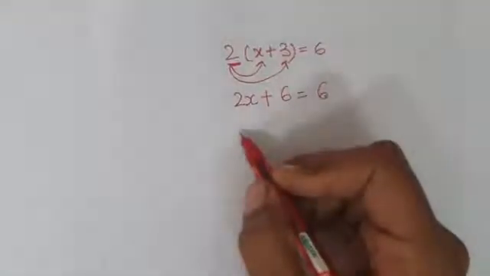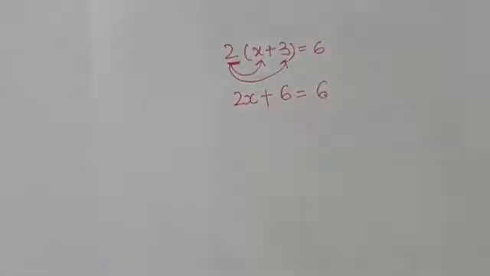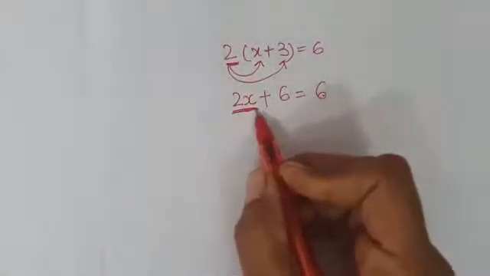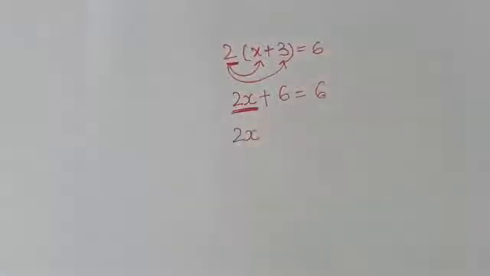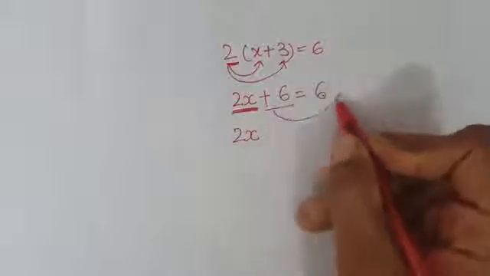Now what we will do, always keep the terms having variable on one side and the terms not having variable, means constant terms, keep it on the other side. Now 2x is the only term containing variable. So I am just keeping it here only. 6 I am going to shift to other side.